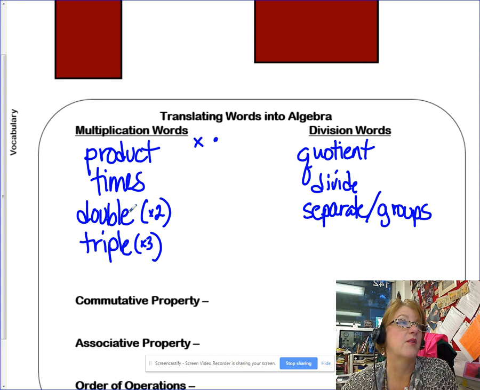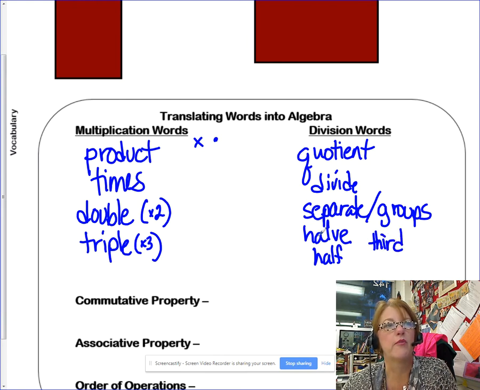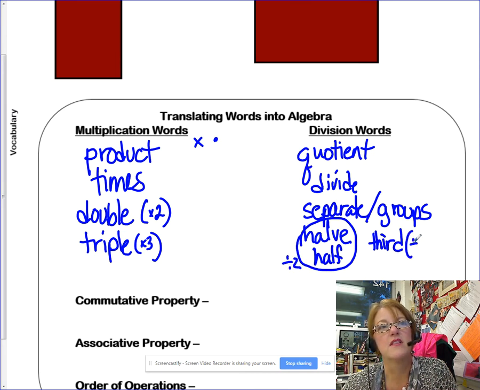To counter what double is, when you have something, I mean like take half of it, so the verb would be to halve something, or half, or a third, or a fourth, and so on. Those are specific ones. For example, these two mean divide by 2. A third means divide by 3, and so on.